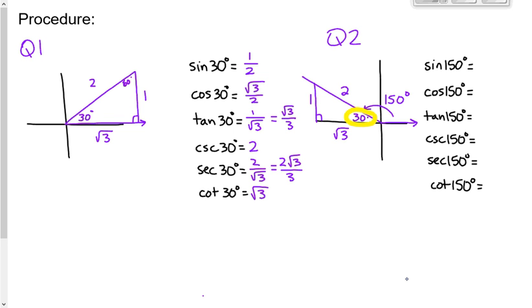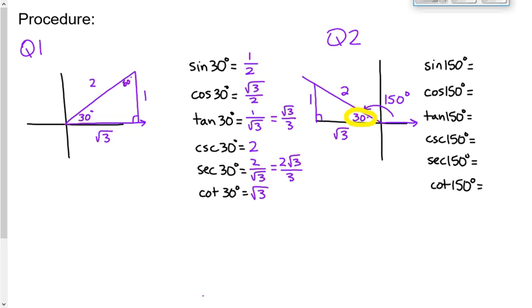Keep in mind, though, we've learned already that in quadrant 2, because we went left, anything that uses the square root of 3, or anything that uses the adjacent in its computation, is going to need a negative because going left is going in the negative direction.